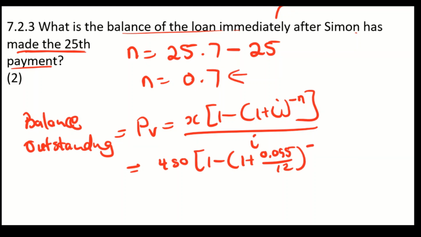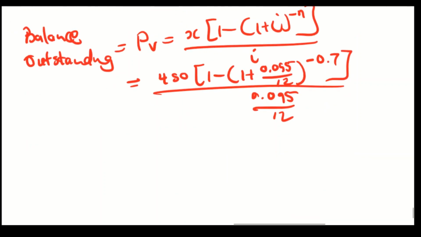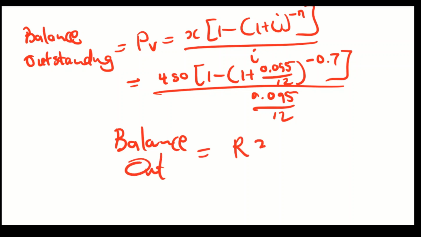So now we're going to put this 0.7 here, right? So divide by 0.095 over 12. So punch this in your calculator. You're supposed to get a balance outstanding of 312.9. So this is the balance outstanding for this question here.